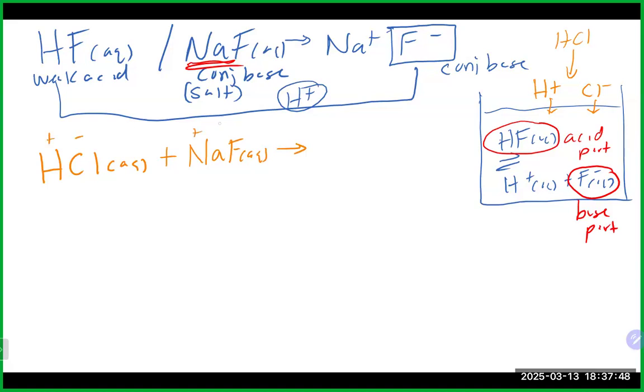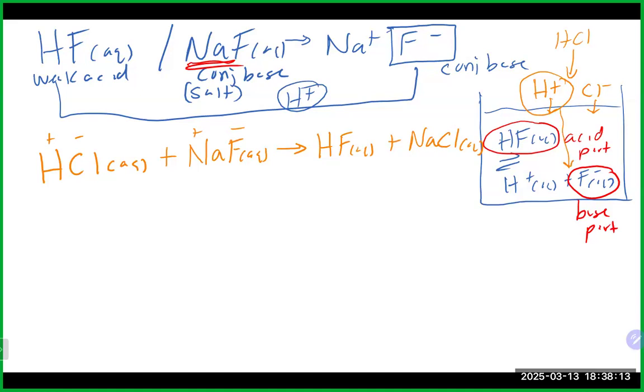Positive, negative, positive, negative. And we're going to make some hydrofluoric acid as it mixes together, and a little sodium chloride in this case, right? So when this comes in, as we could see, basically this H plus goes and finds that F minus, which is the base part in this case.